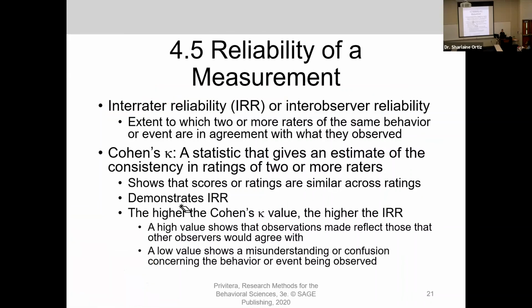Interrater reliability is when two people actually sit down and come into an agreement of whether or not these items are indeed related to each other. Right? Are these items related to each other? Do we come to an agreement that we are indeed trying to measure the same behavior?